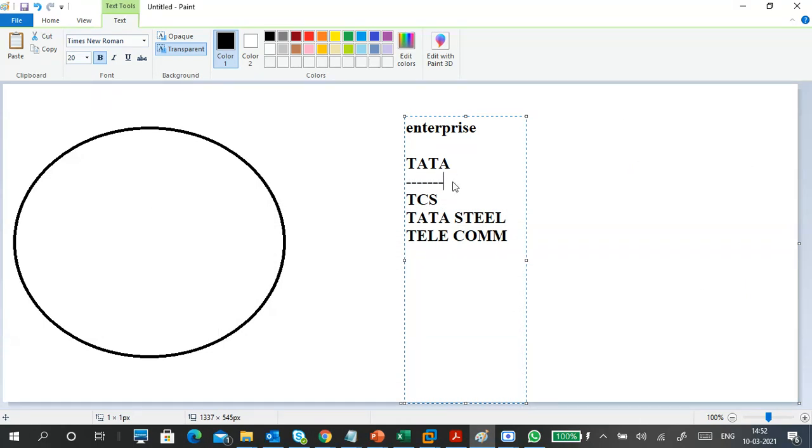TCS is there, Tata Steel is there, Tata Telecom, Tata Motors, Tata tractors, cars, bikes, and so on. Tata software companies are there, Tata Motors are there, right?